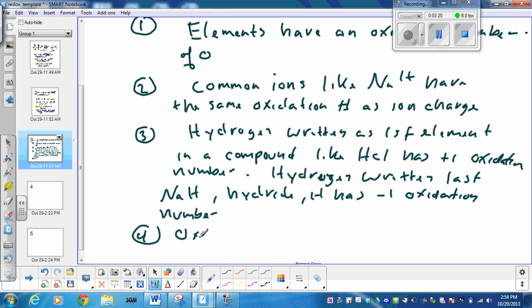Oxygen, as oxide, has a -2 charge. Even in compounds where it is covalent.